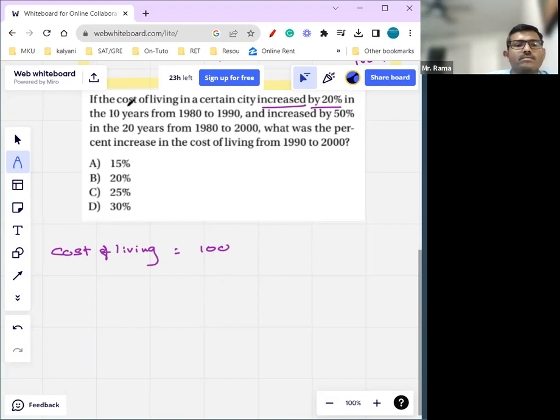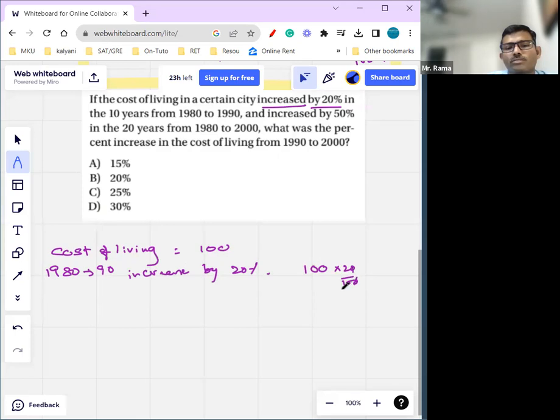Okay. Now, from 1980 to 1990, what happened? It increased by 20%. So 20% means I'm going to find out what 20% of 100 is. So 100 times 20 over 100.